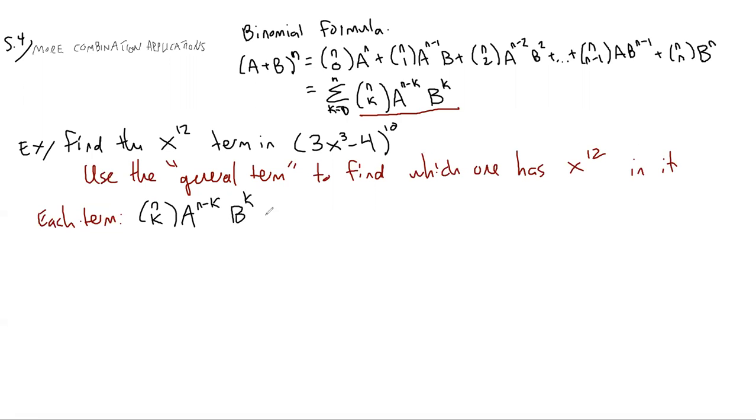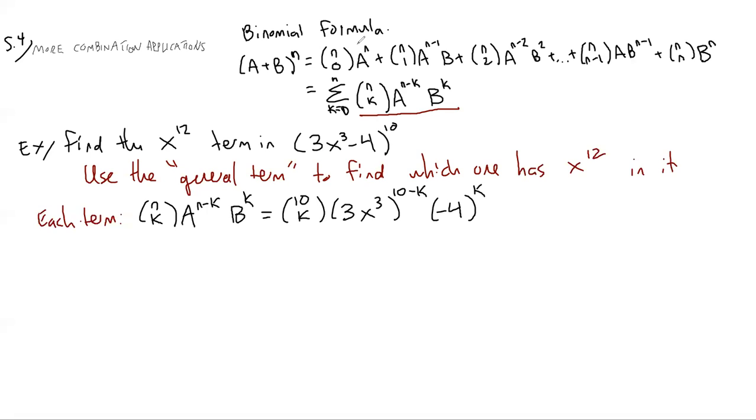If I'm following the pattern in there, I know my n is 10. I don't know k yet. A is going to be 3x cubed, and then b is going to be this minus 4 to the k.